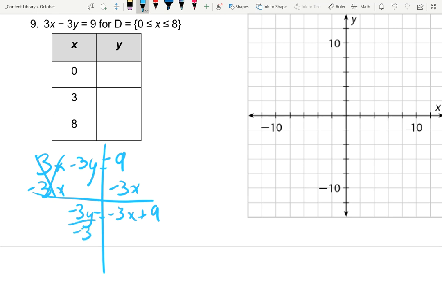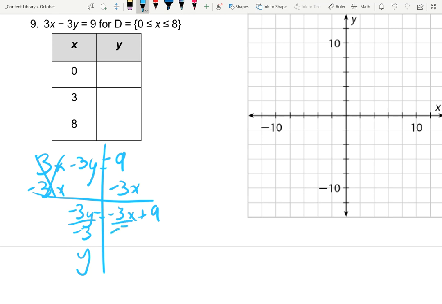Now the reason for that is because negative 3 divided by negative 3 becomes positive 1, not 0. And that's what we want, because we don't want 0y. We just want 1y. We want just regular old-fashioned y. So dividing by negative 3 turns that negative 3 into 1, giving our y just 1y, letting it be by itself.